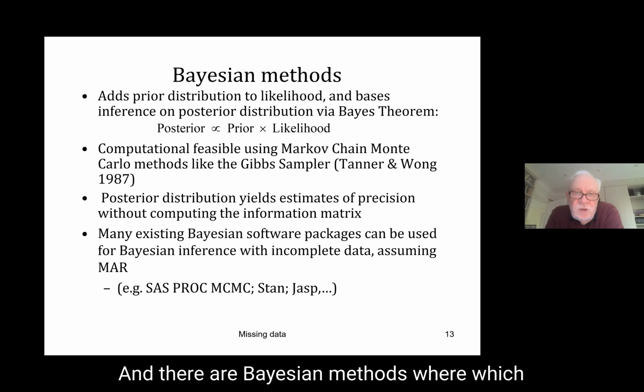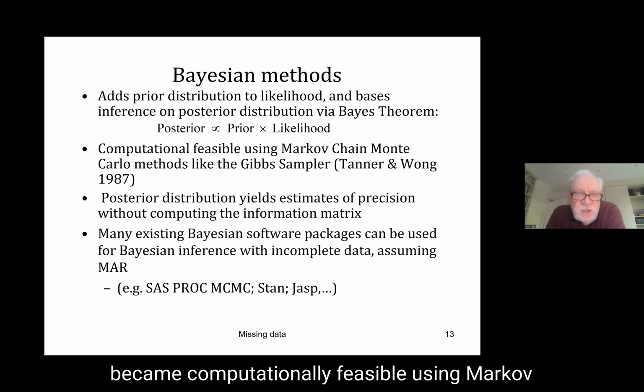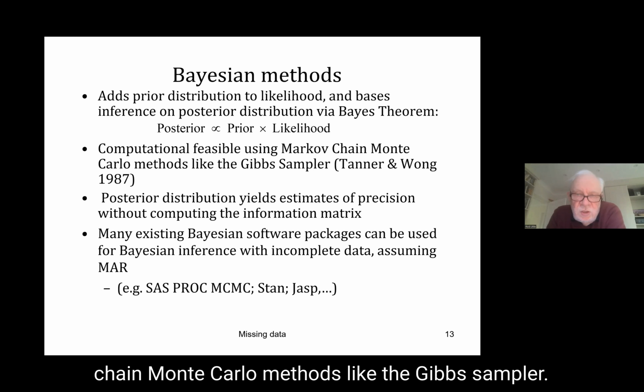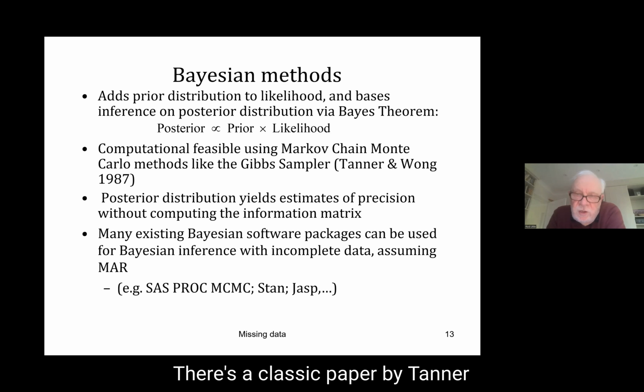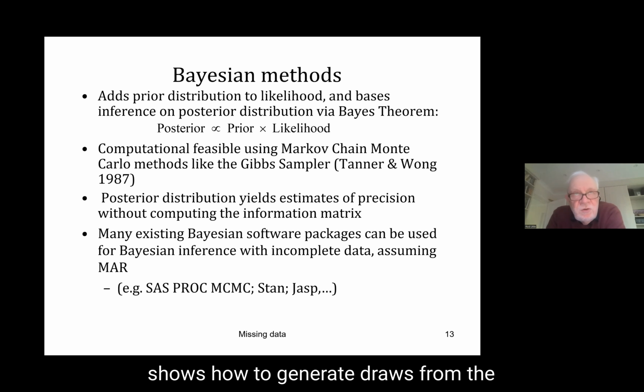Then there are Bayesian methods, which became computationally feasible using Markov chain Monte Carlo methods like the Gibbs sampler. There's a classic paper by Tanner and Wong in JASA in the 1980s that takes the multivariate normal problem with missing data, assumes missing at random, but then shows how to generate draws from the posterior distribution of the parameters.